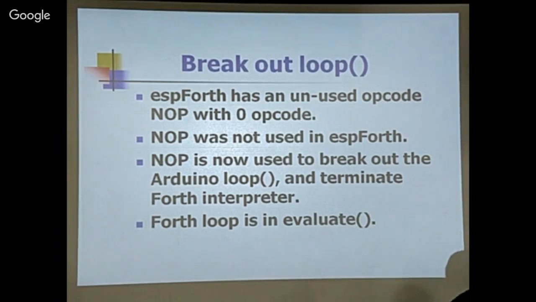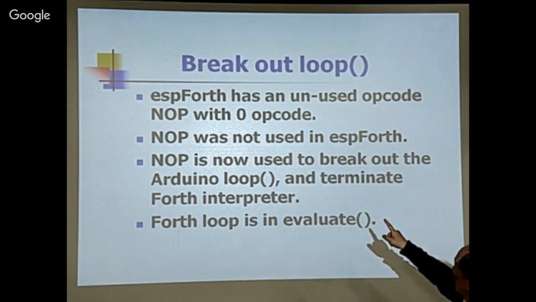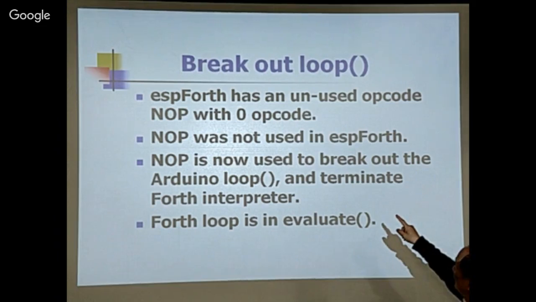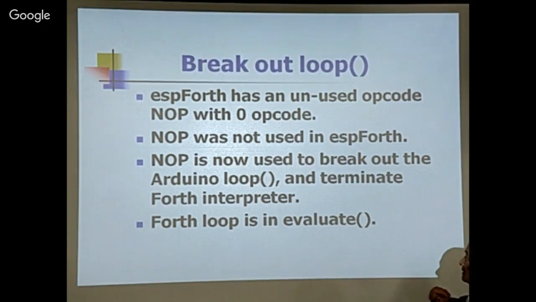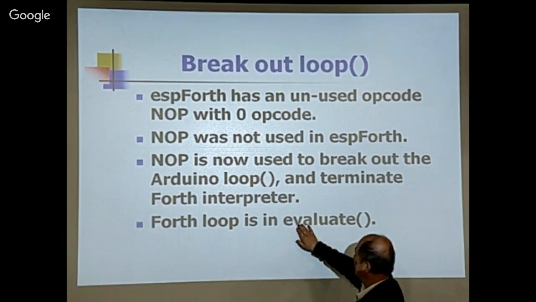So I use this null bytecode as the break mechanism. The no-op is used to break out of the Arduino infinite loop and terminate the Forth interpreter. Now, the Forth loop is inside evaluate, which is a C callable routine.